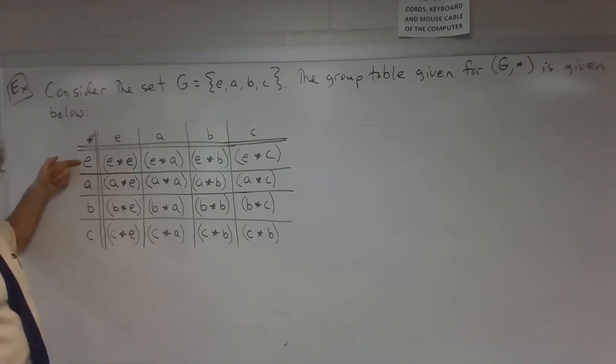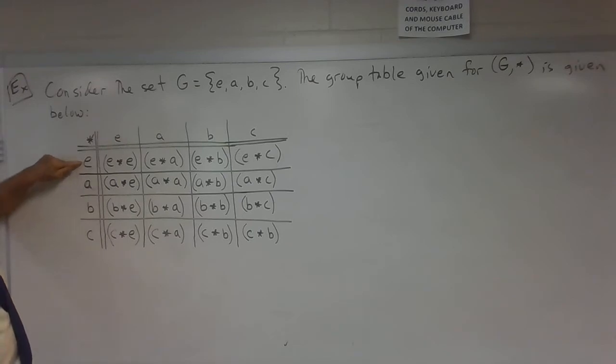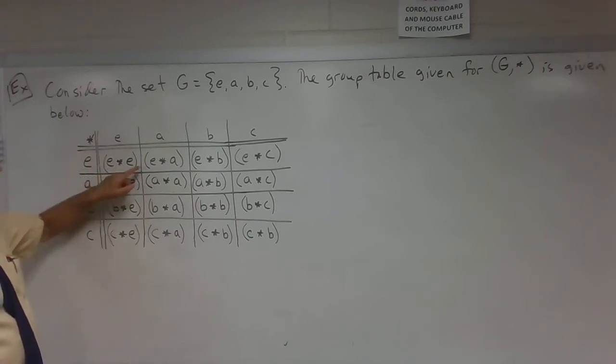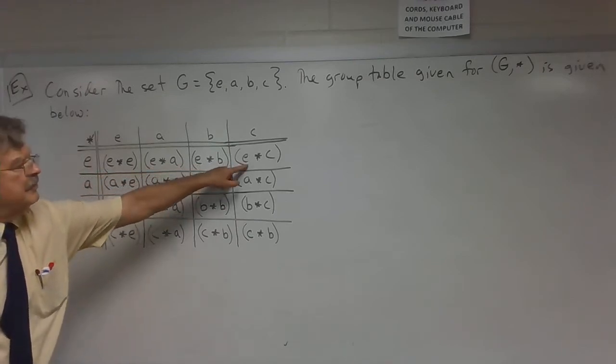E is the header for the first row of the table, and this header indicates that all of the elements are assigned to ordered pairs where E is the first element of the ordered pair.